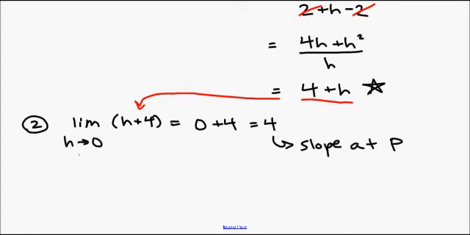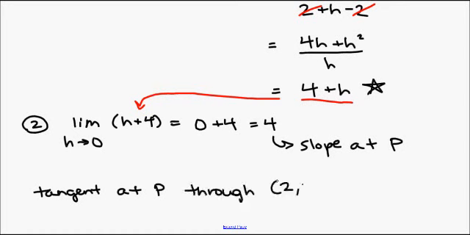The tangent to the parabola at P passes through the point (2, 4), so that is P, and has a slope of 4.